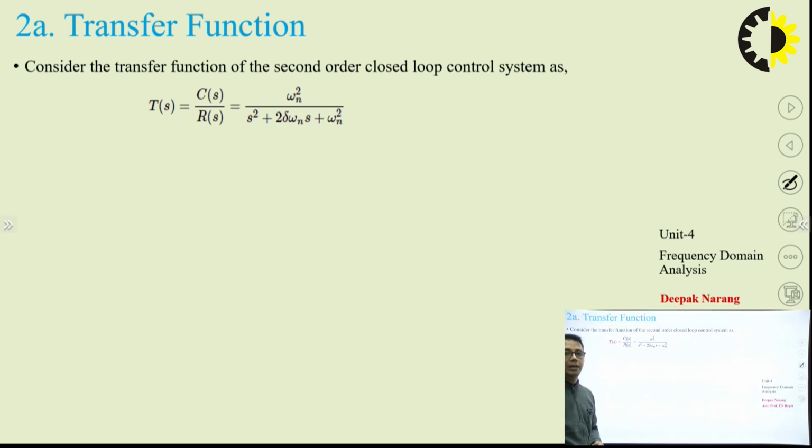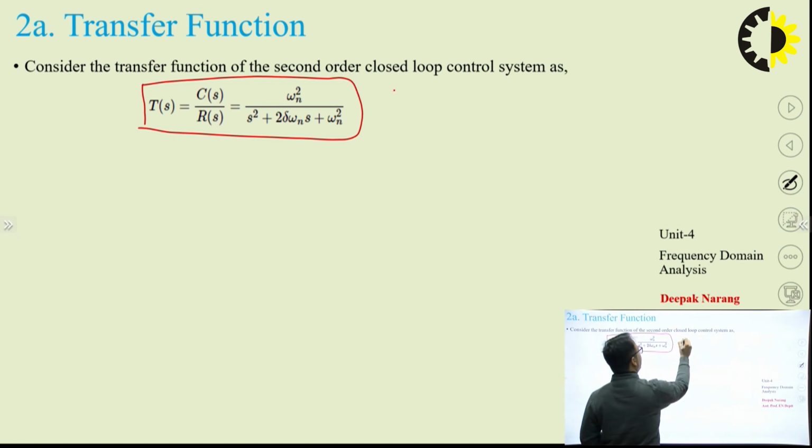Now let us derive this specification in frequency domain. This is the standard transfer function for a second order closed loop system as we use in time domain. Replace s by j omega.